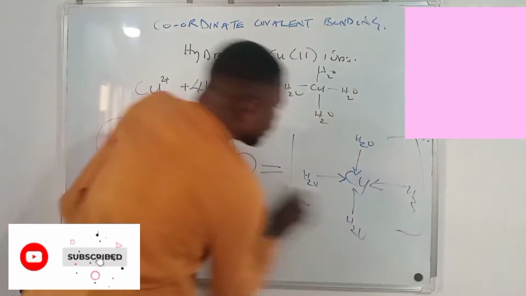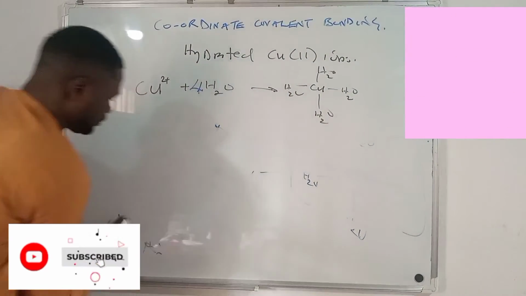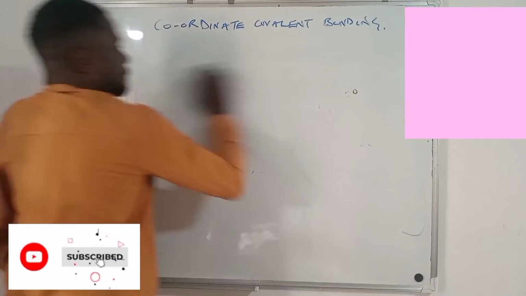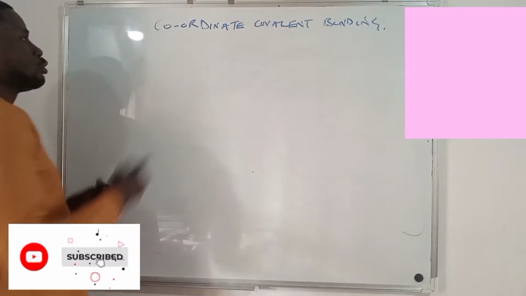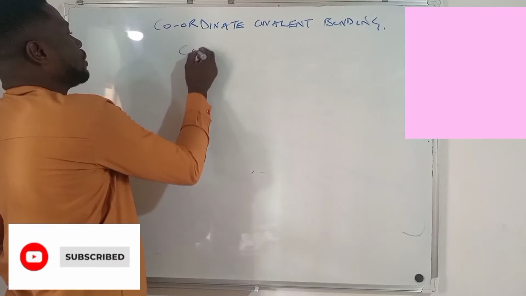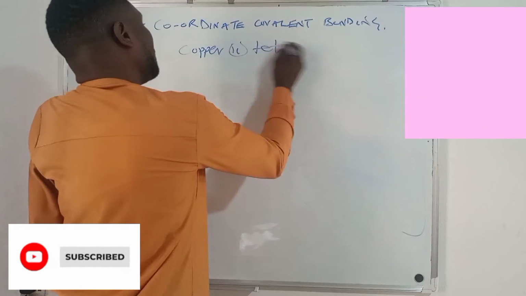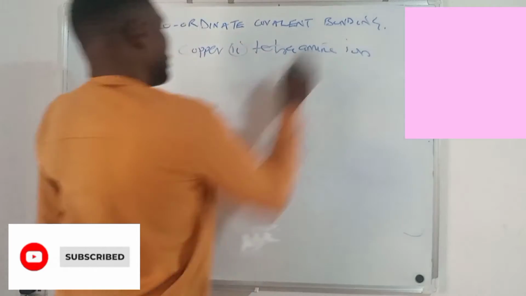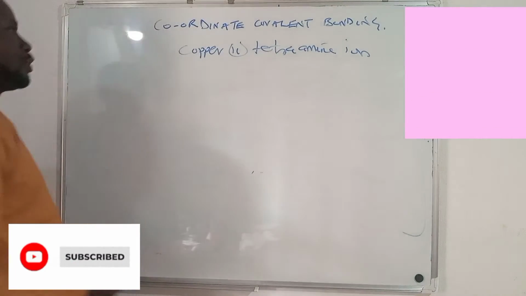Okay, now let's see copper 2 tetraamine ion. The formation of copper 2 tetraamine ion.